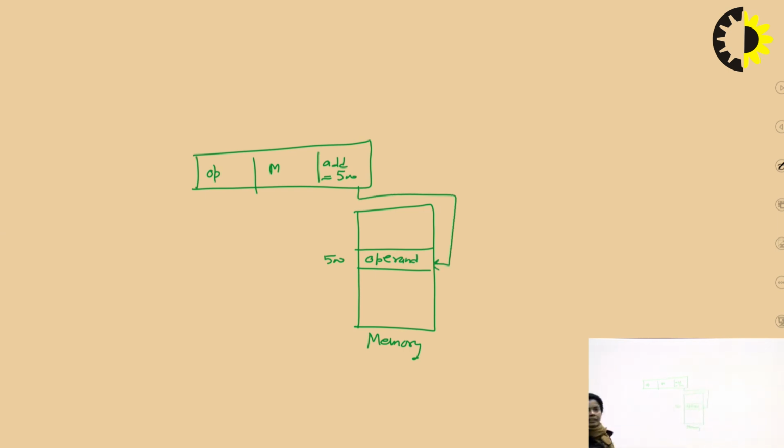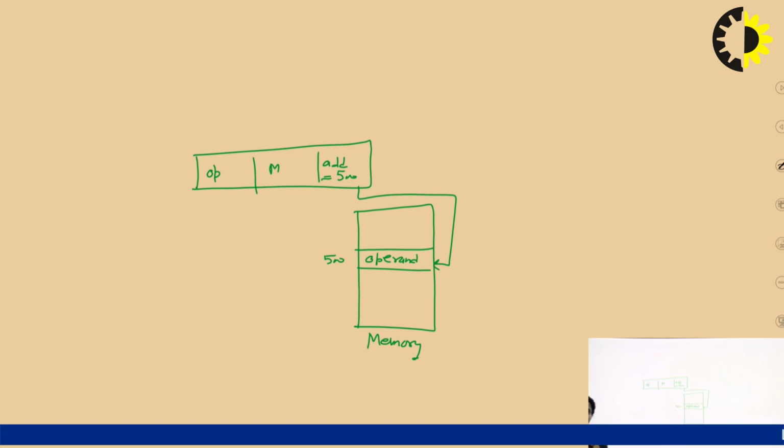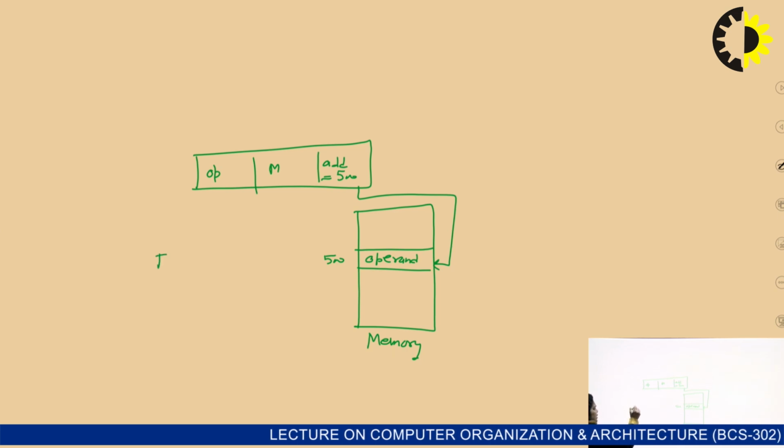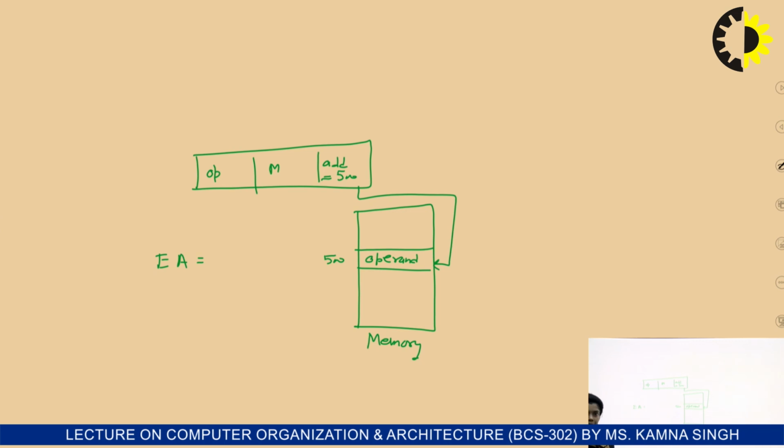In the direct addressing mode, the address part of the instruction, 500, is the operand address. So what you have to write as the effective address is 500.